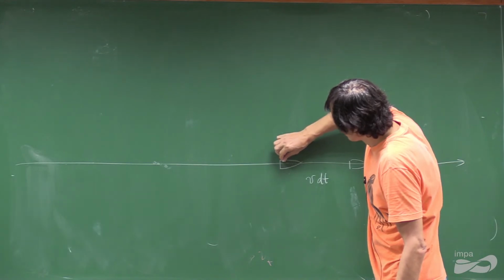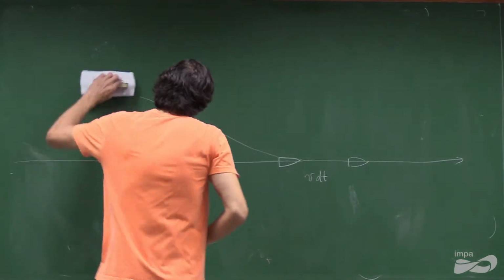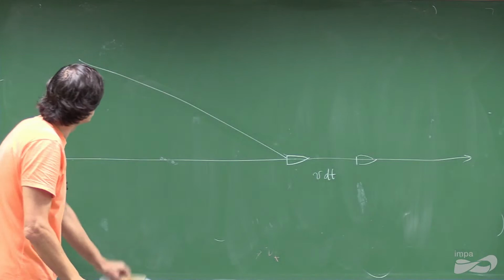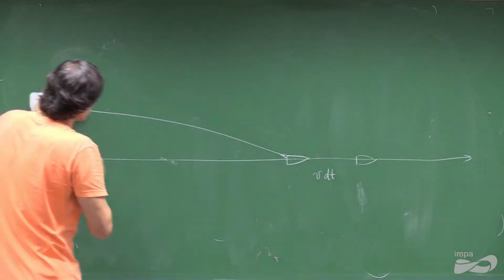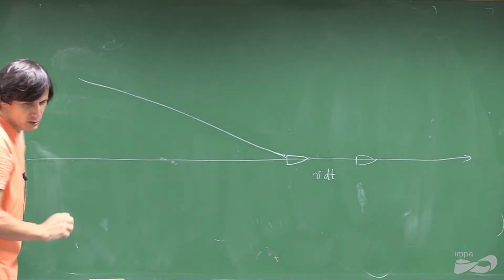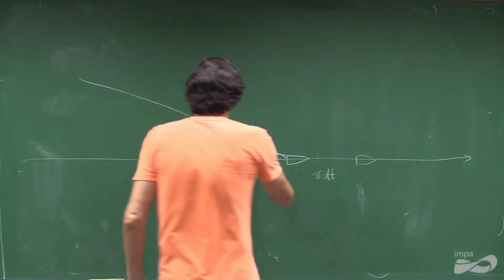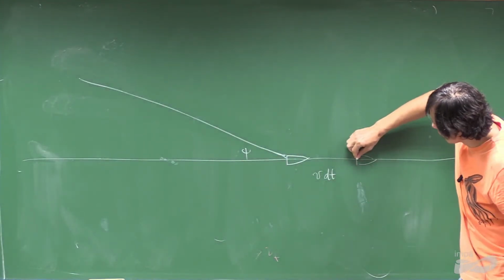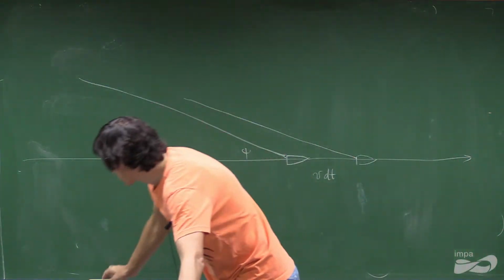We'll sit on the ship and look at a certain angle, which I'll call psi. So psi is the angle of our observation. After we moved, we keep looking in that direction.